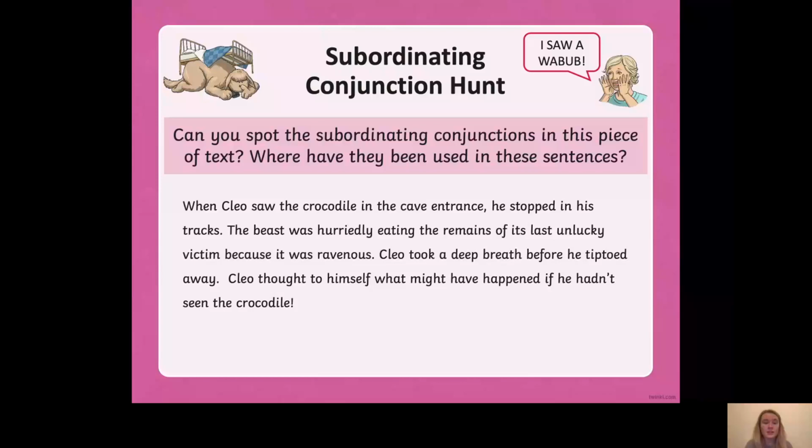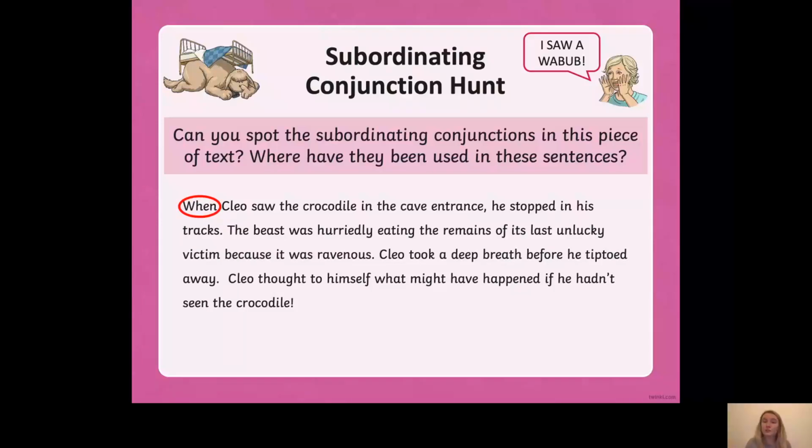Look, this sentence starts with when. When Cleo saw the crocodile in the cave entrance. So there's my subordinate clause because look, it starts with my subordinating conjunction when. So there we go. We have the subordinating conjunction when there.